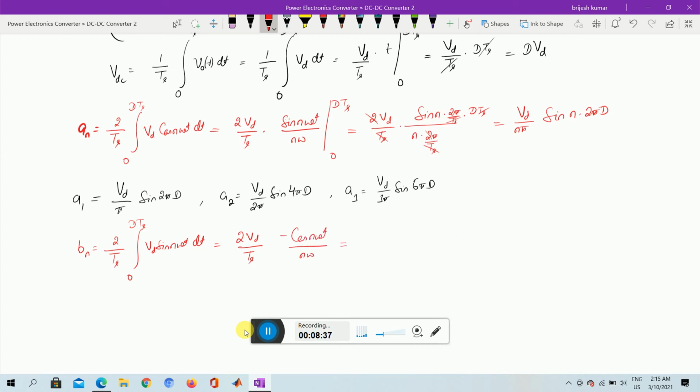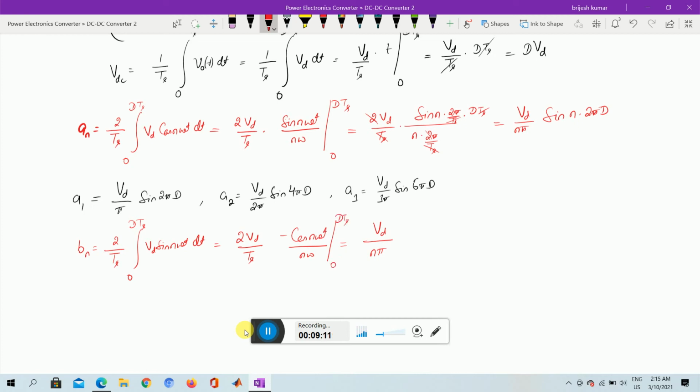Here omega we can put as n into 2 pi by Ts, Ts cancel out. We can write here 2 Vd by, this 2 also cancels out, so Vd by n pi, and here minus sign is there, and the limit is from 0 to dTs.